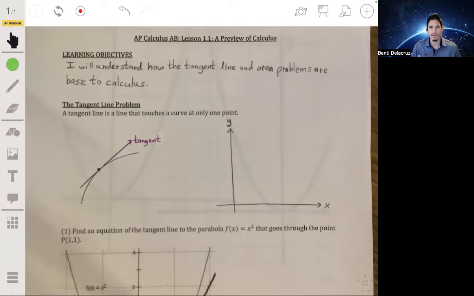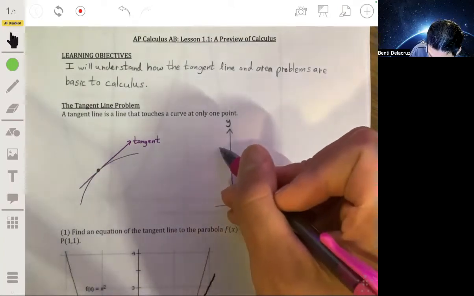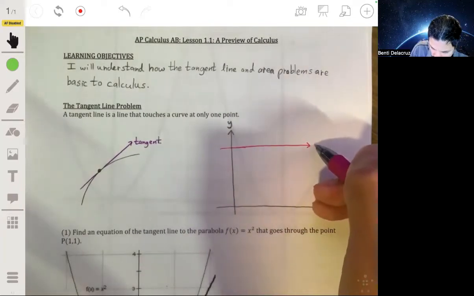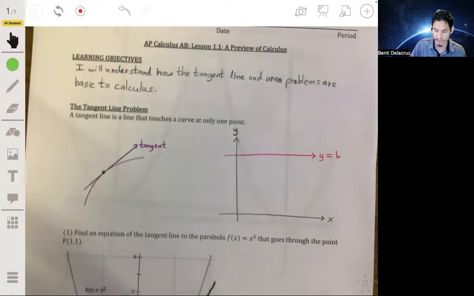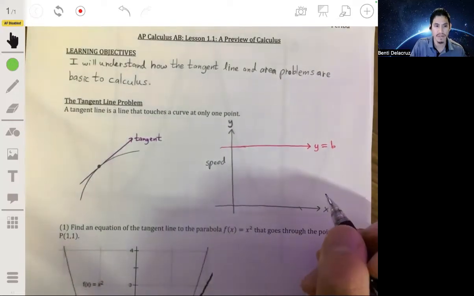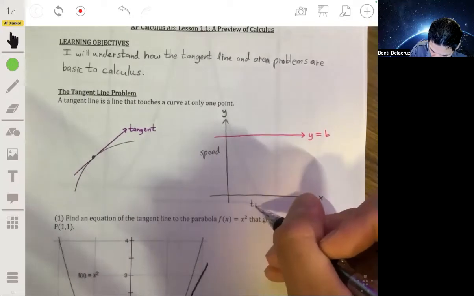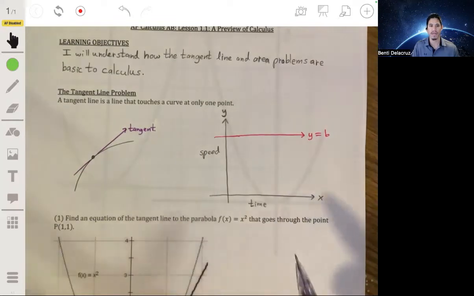If you're traveling 50 miles an hour for 3 hours, you're going to go 150 miles. Graphically, you would have a horizontal line, y equal to some constant. The y-axis represents your speed, which in physics we also call velocity, and x is the time. That's how we get distance equals speed times time.